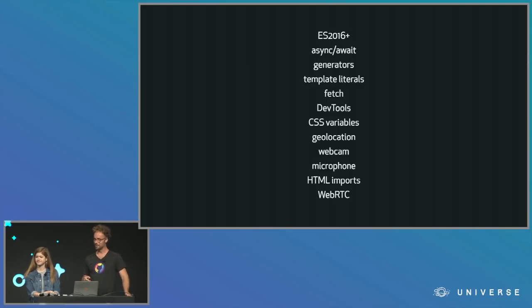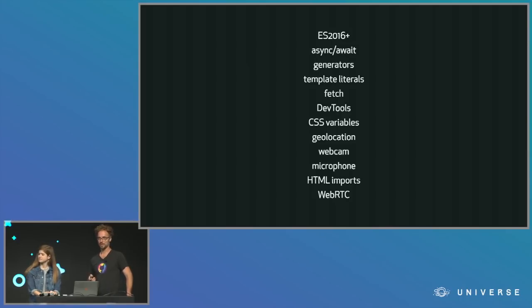So with Chromium, you get all these really awesome development tools, like the latest JavaScript features. I just looked this morning, and Chromium has full support for every feature in ES2016, which is pretty incredible.